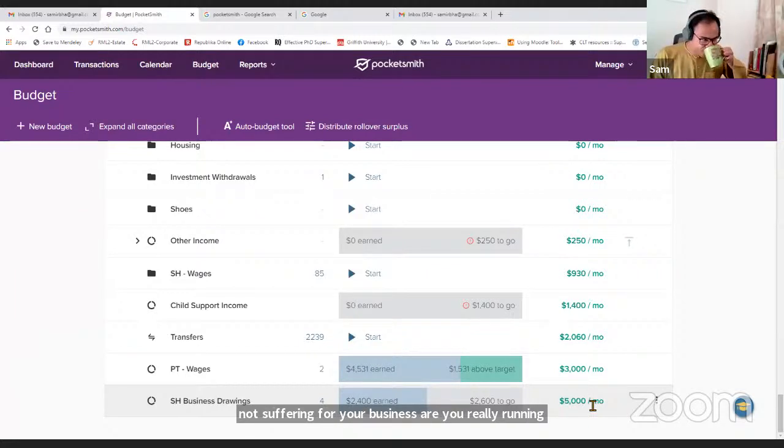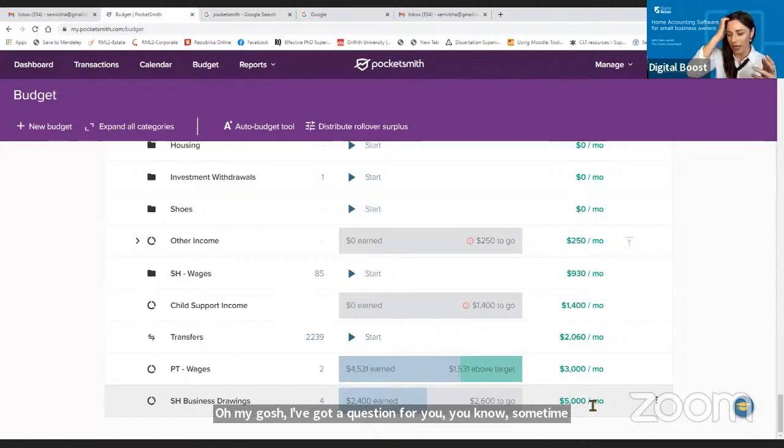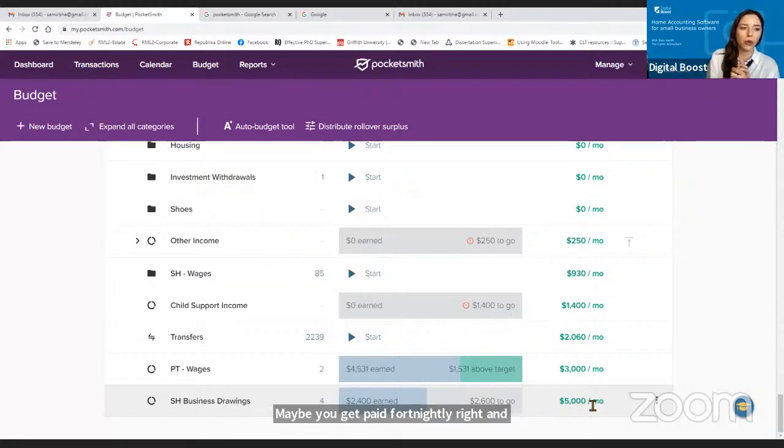Oh my gosh, I've got a question for you. Sometimes when you build a budget, maybe you get paid fortnightly, right? And you know that you spend a certain amount on something every 3 months, say something you spend maybe $500 on, but it only comes out every 3 months in a chunk.